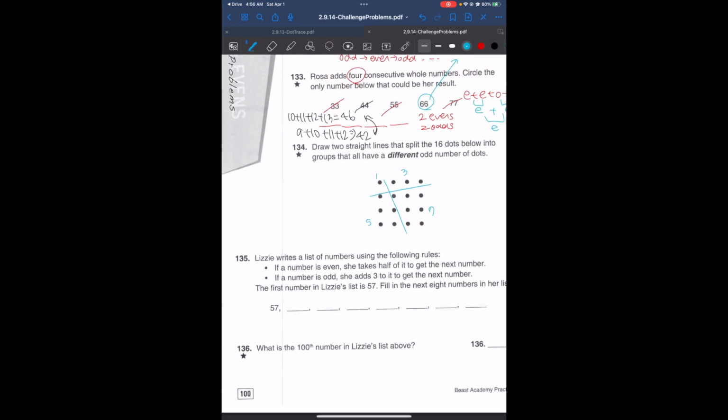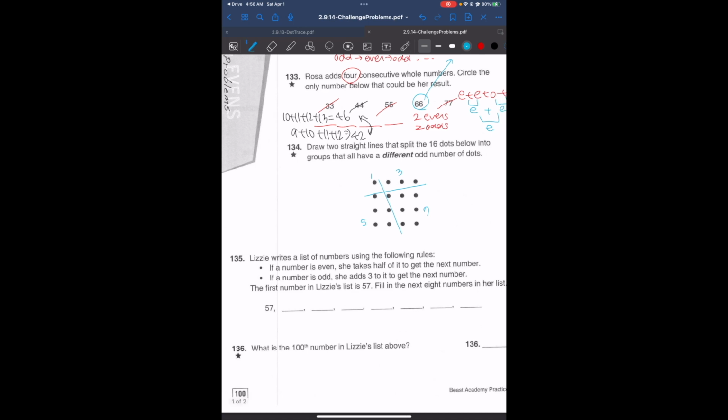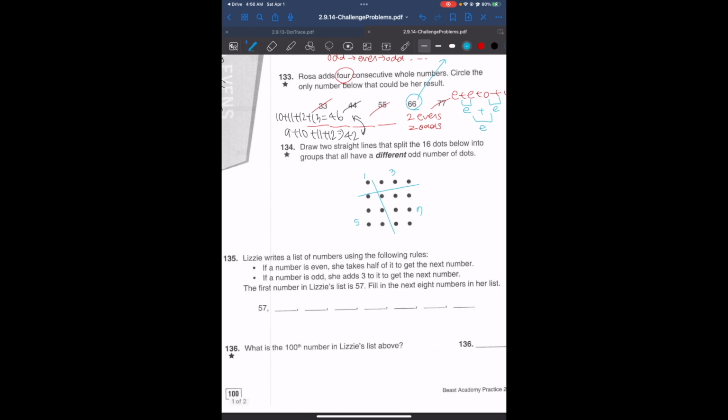And then for 135, it says, Lizzie writes a list of numbers using the following rules. If a number is even, she takes half of it to get the next number, and if a number is odd, she adds 3 to it to get the next number. The first number in Lizzie's list is 57, and we're going to fill in the next 8 numbers.